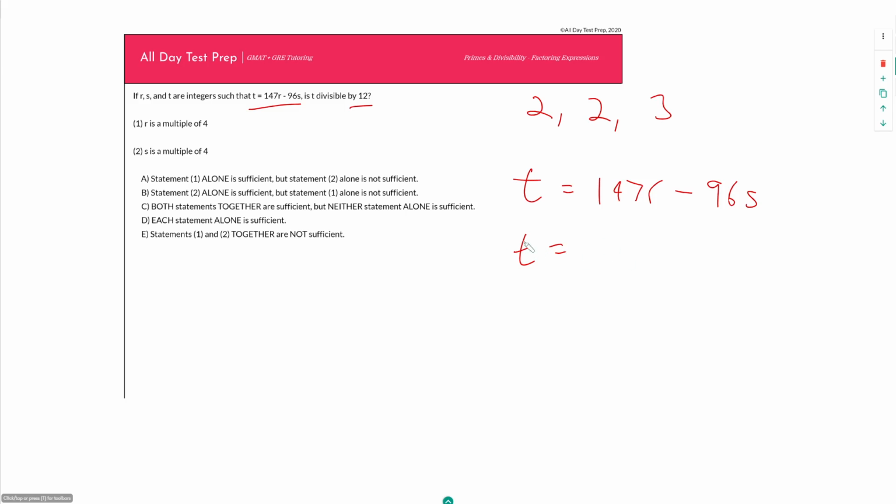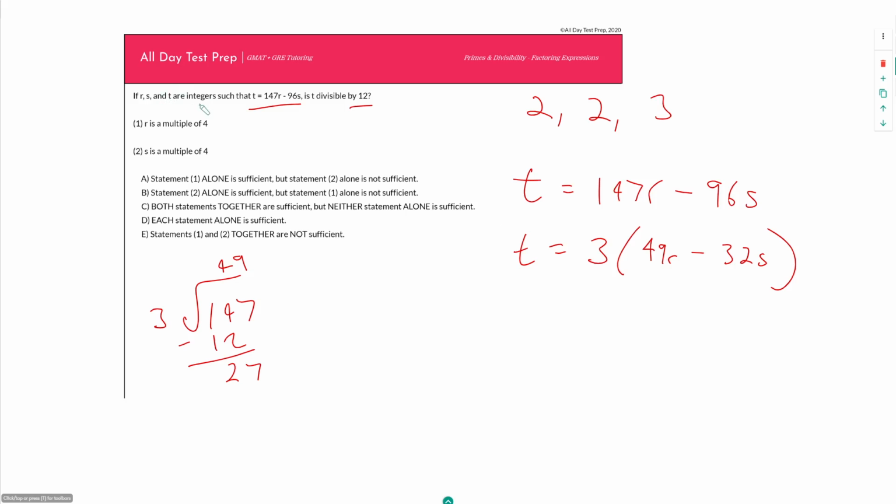Therefore, we should be able to factor out a 3. And the question becomes, what is 147 divided by 3? 49. So 3 times 49r minus 3 times 32 is 96. So t is equal to 3 times 49r minus 32s.